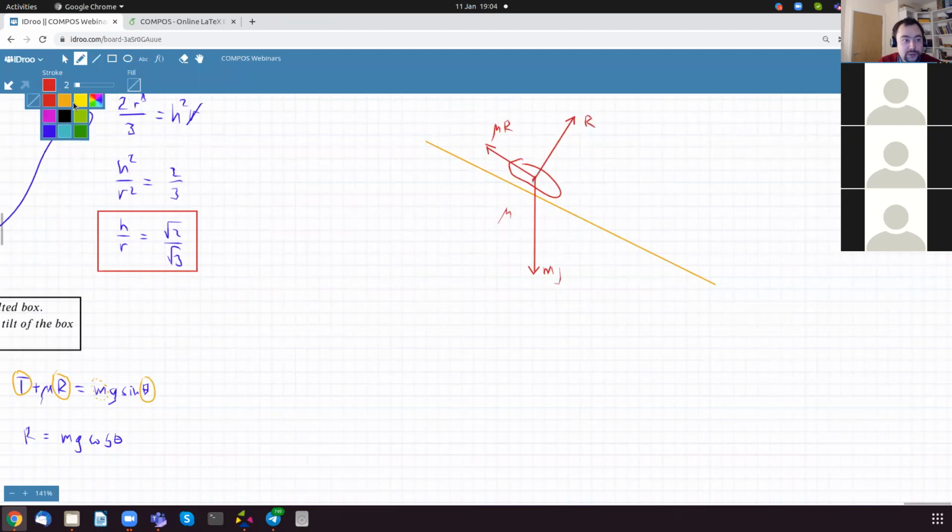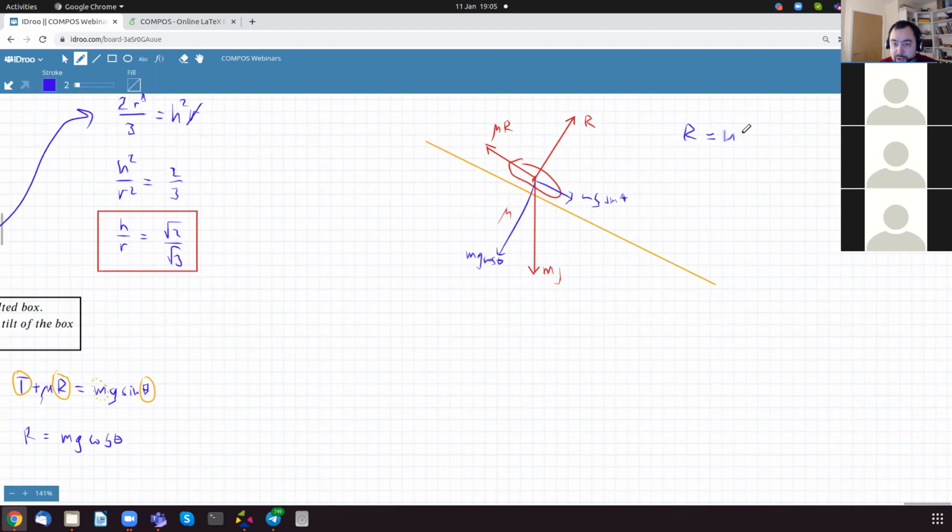Weight splits into 2 components, and we have mg cos theta and mg sine theta. So we have R, because the person is not moving in this direction.